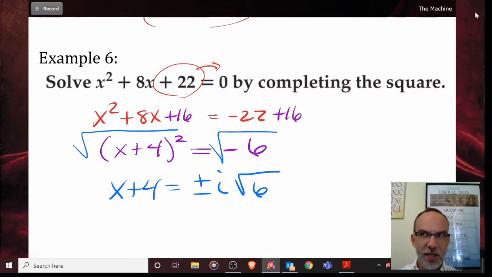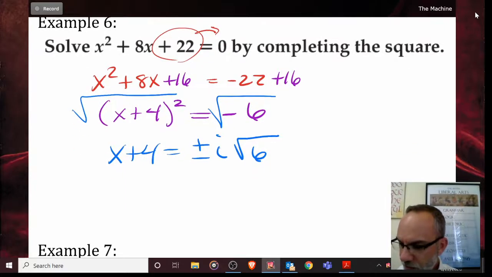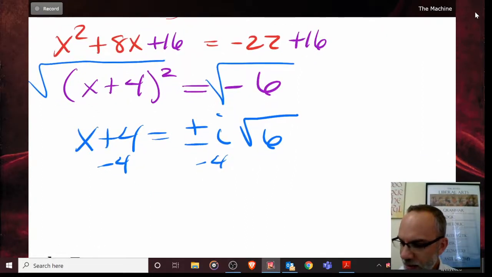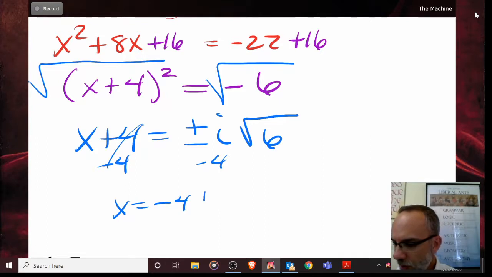Because 6 is a surd. It does not reduce. And I'm not finished yet. So subtract 4 from this side and minus 4 from this side, and I can't combine anything. So in the end, x is equal to negative 4 plus or minus I times the square root of 6. There we go.